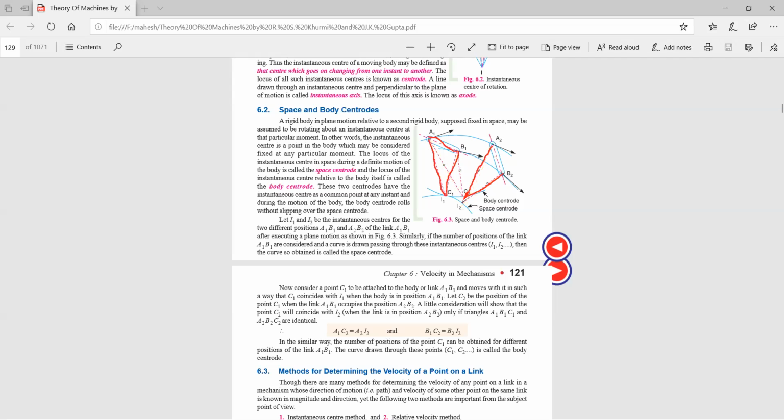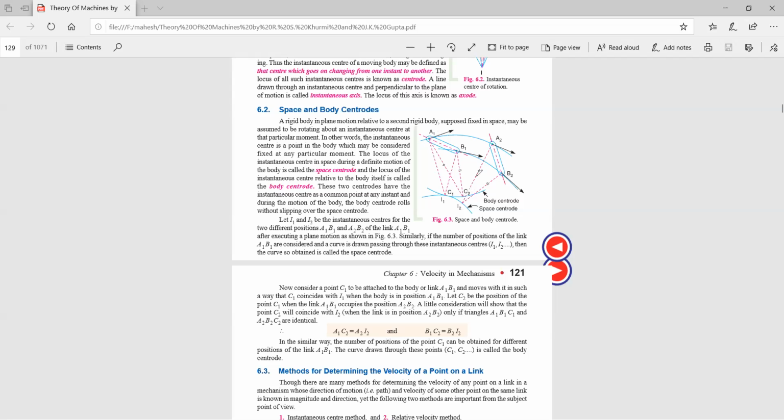Now from the diagram itself you will be able to see that A1 C2 is marked with one dash, one cross. So if the triangle A1 B1 C1 is equal to A2 B2 C2, then A1 C2 is equal to A2 I2. Only one mark is there.